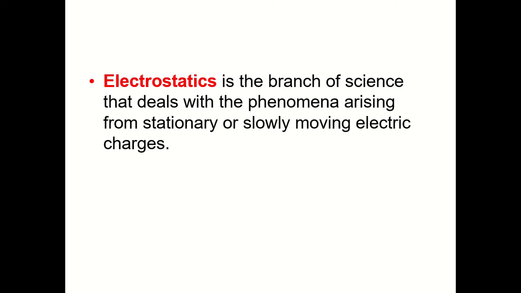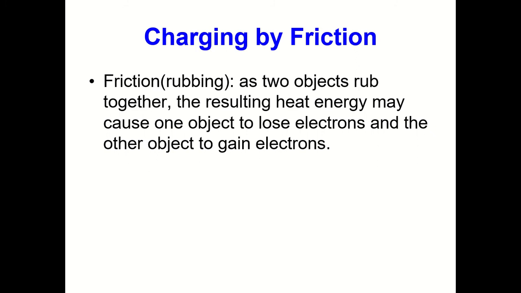Next we have what we call electrostatics. Electrostatics is the branch of science that deals with the phenomena arising from stationary or slowly moving electric charges. Then we have charging by friction. Friction means rubbing.